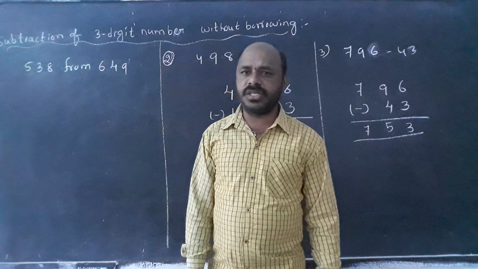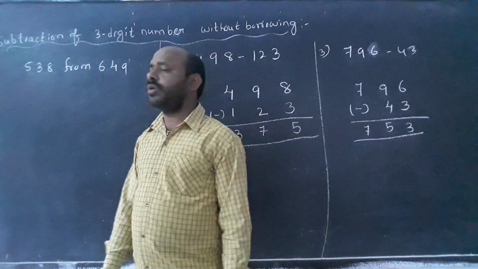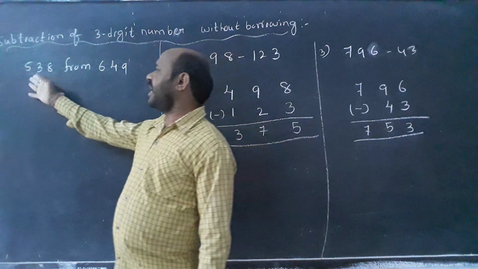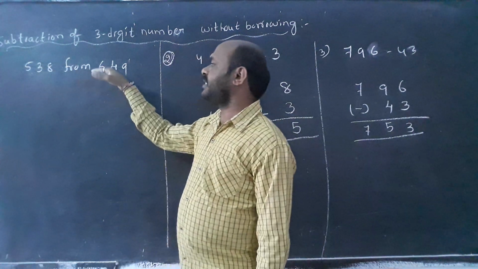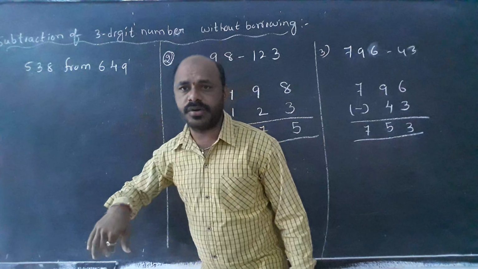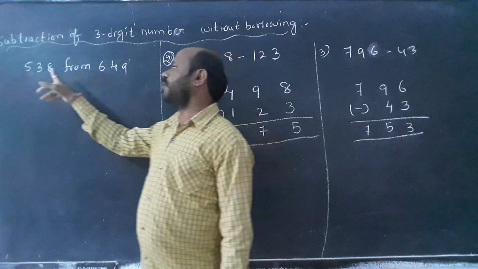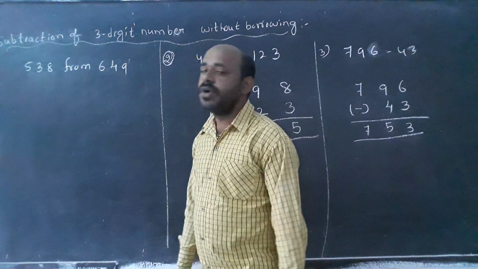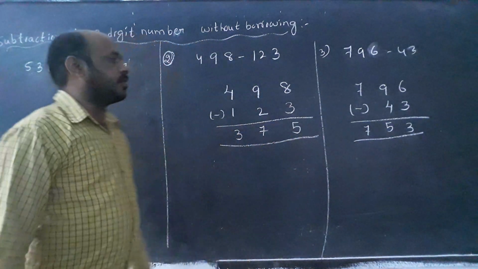Don't get confused, subtraction is very easy. So from 649 we have to subtract 538.